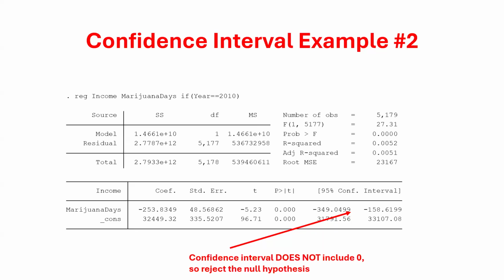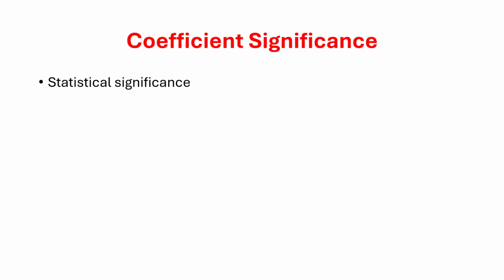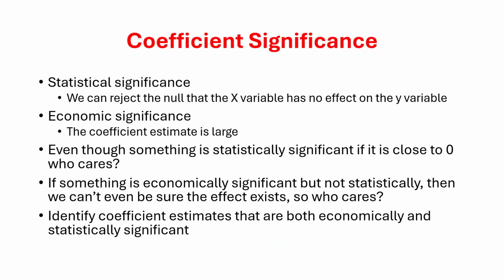Okay, so we kind of talked through the statistical significance. Along the way, we'll start to talk about economic significance. Even if I find a statistically significant effect, if it's relatively small, I might not worry about it, right?